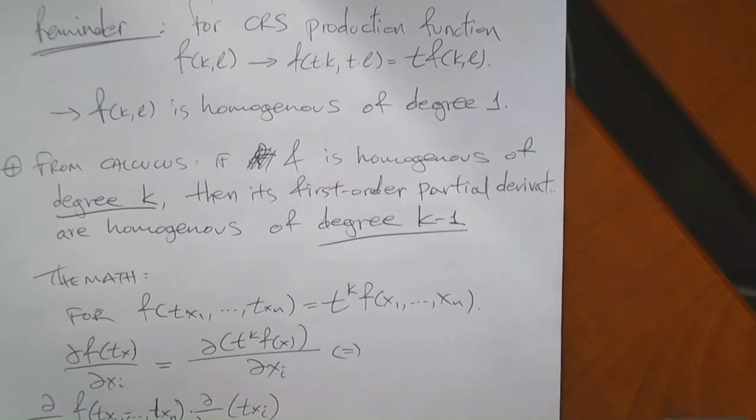On the other side, you have t to the power of k. That can come outside of the derivative calculation. What remains is the derivative of this functional form where the arguments have not been multiplied by t, with respect to xi. So that's a simple derivative; you don't need the chain rule over here.